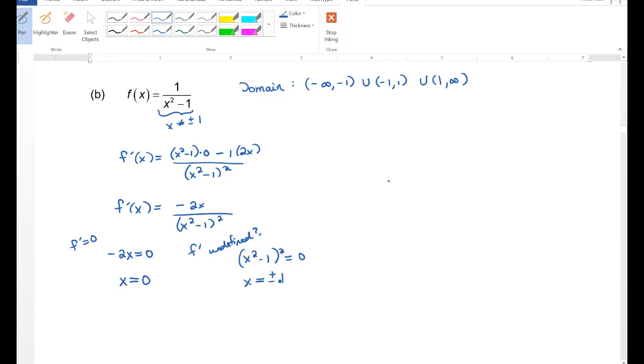But remember how I said we want to make sure that the critical points are in the domain, and they're not. Okay, so these values were not in the domain, so that means my critical point is just x equals 0.